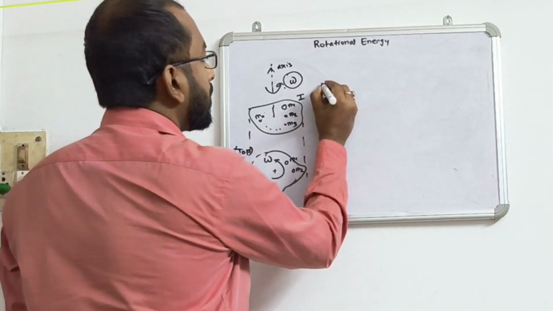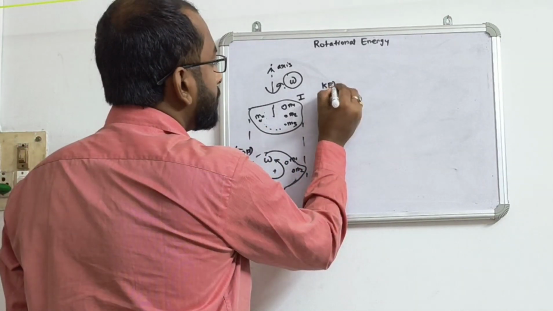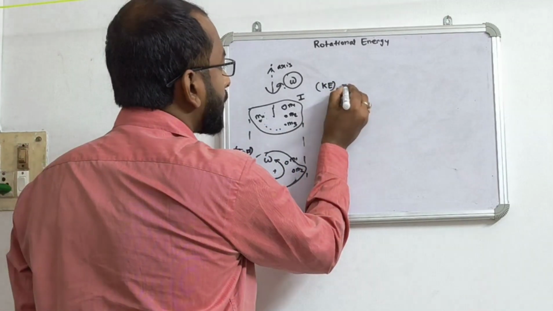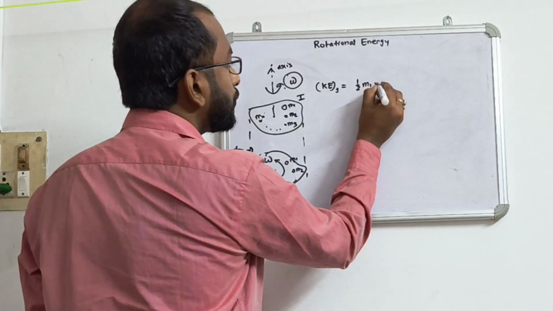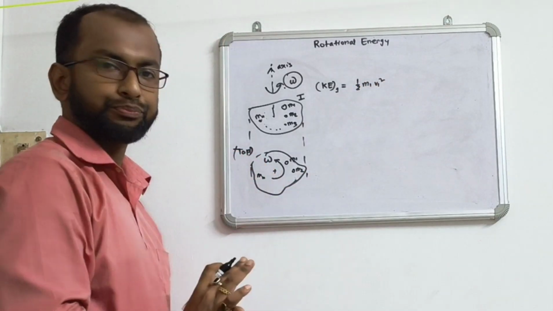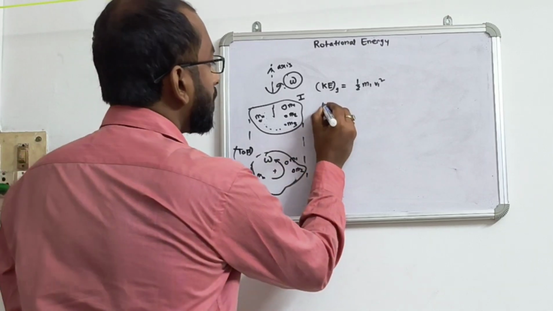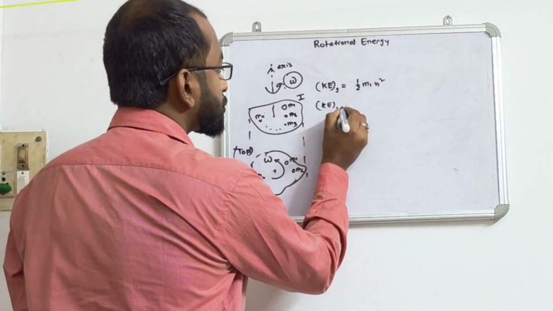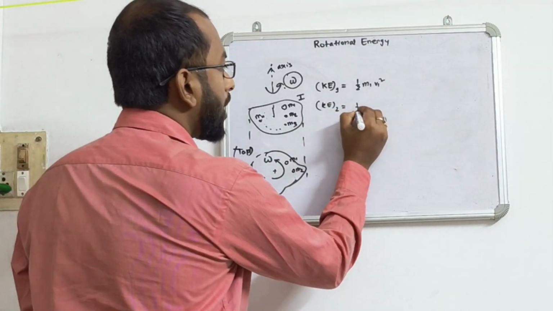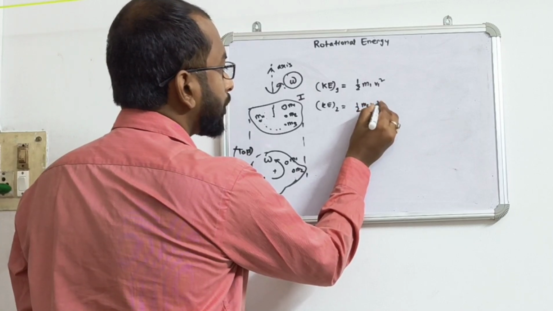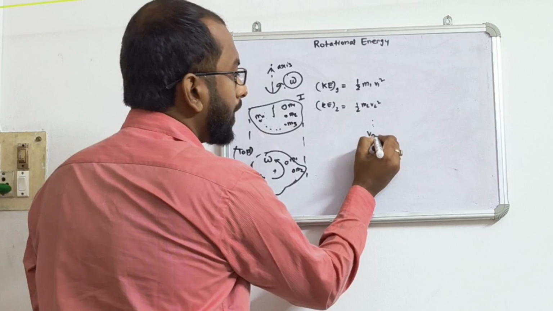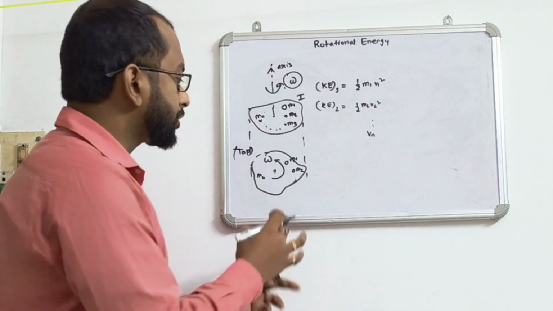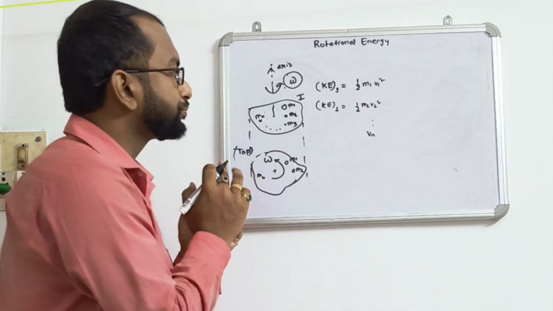Now the kinetic energy for mass 1 or m1 is half of m1 into v1 square. Kinetic energy for mass 2 is half of m2 into v2 square, where v1, v2 till vn are the velocities of these small masses.